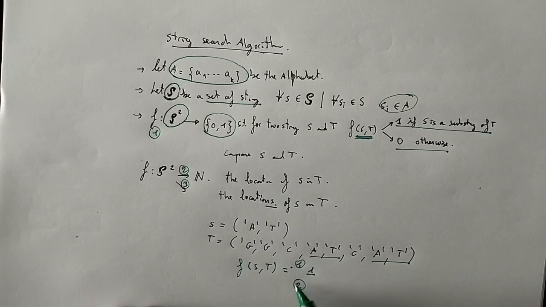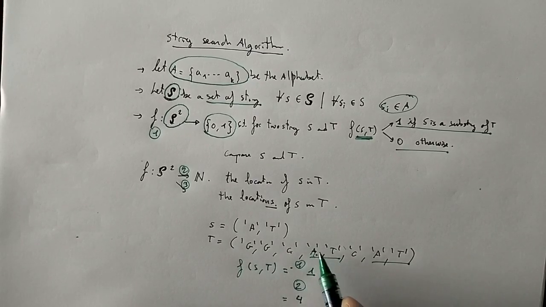In the second case, the output is going to be 4 because AT, so S, is at position 4, the first one at least.